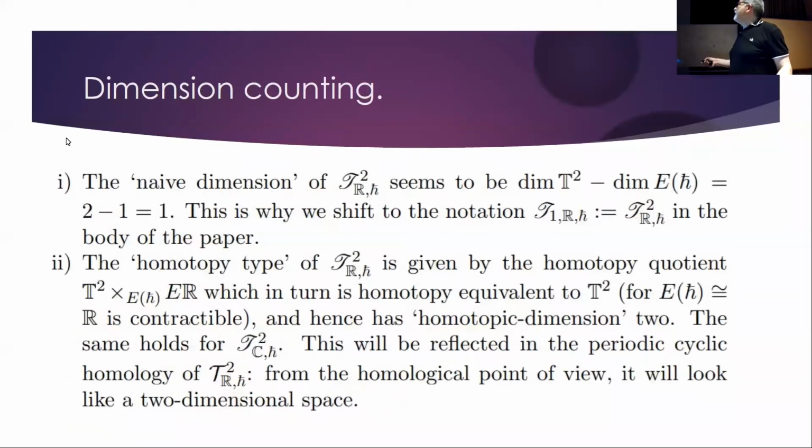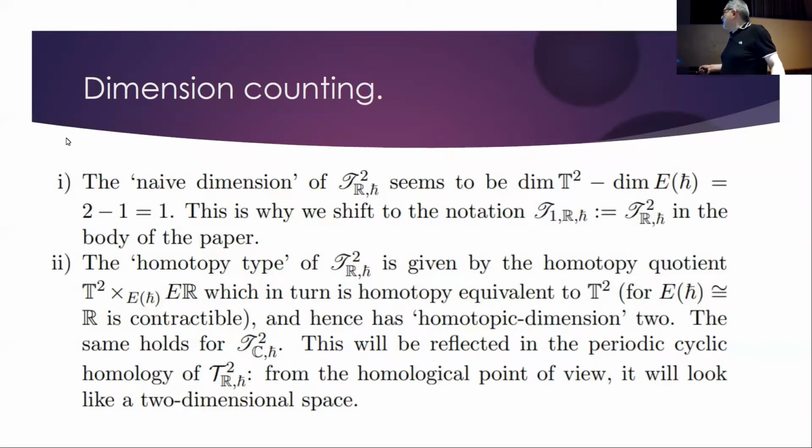The naive dimension seems to be the dimension of the torus minus the dimension of the real line 1. And this is why we put this 1 down here. Nevertheless, the homotopy type is given by the homotopy quotient, and this thing is contractible. So the homotopic dimension seems to be 2. And this is why we put these 2 here.